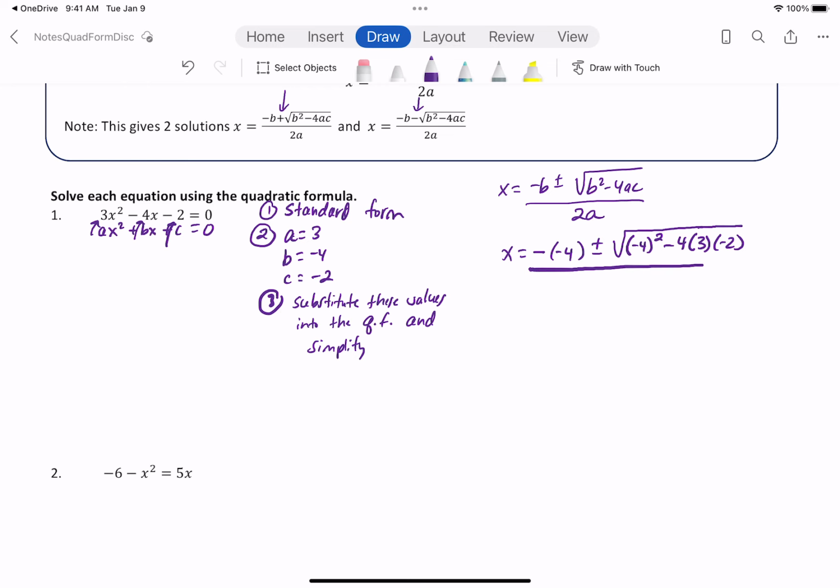And your division line should also span that entire numerator. And in the bottom we have 2 times a, which is 3. Alright, so now we just need to start simplifying and cleaning it up. So -1 times -4 gives me a +4.